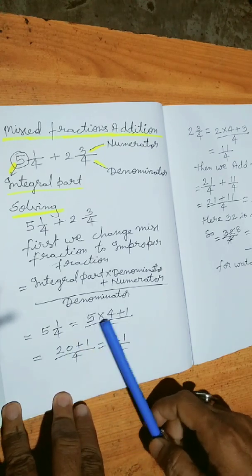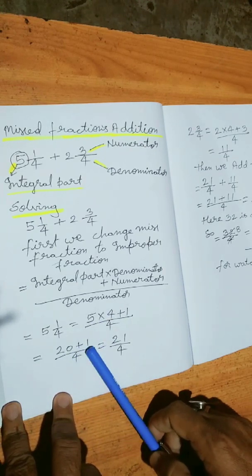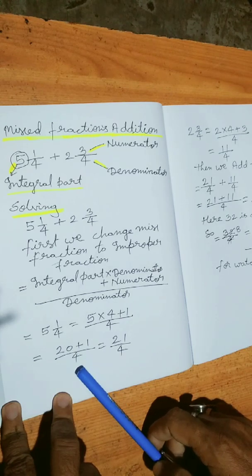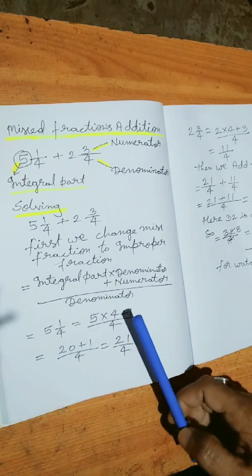Here 5 multiplied by 4 is 20 plus 1 by 4, 21 by 4.